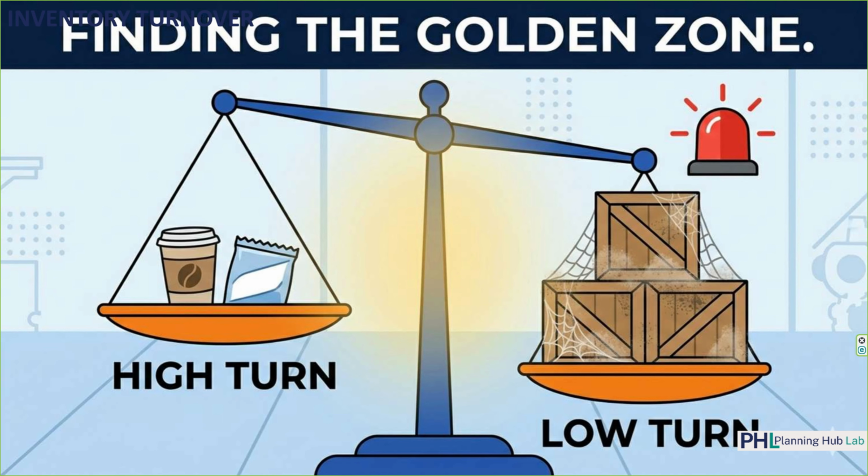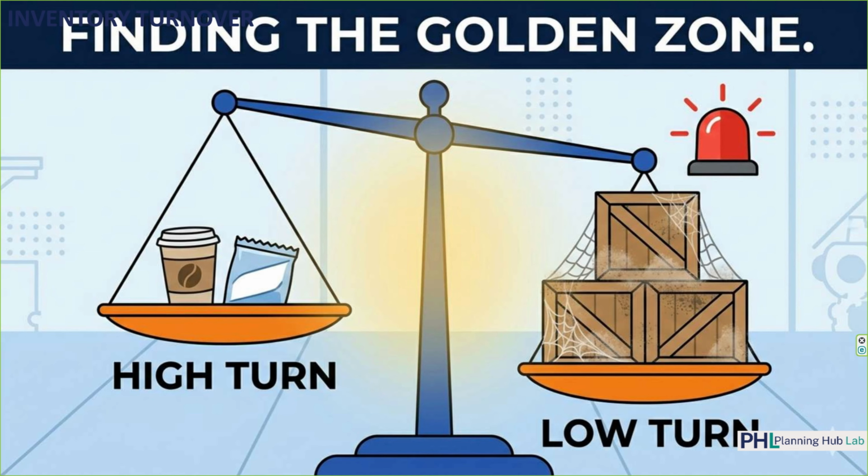You aren't paying a fortune in warehouse storage fees. On the flip side, a low turnover ratio is a massive red flag. It means you're sitting on dead stock. Maybe demand has dropped, maybe your pricing is too high, or you overordered.